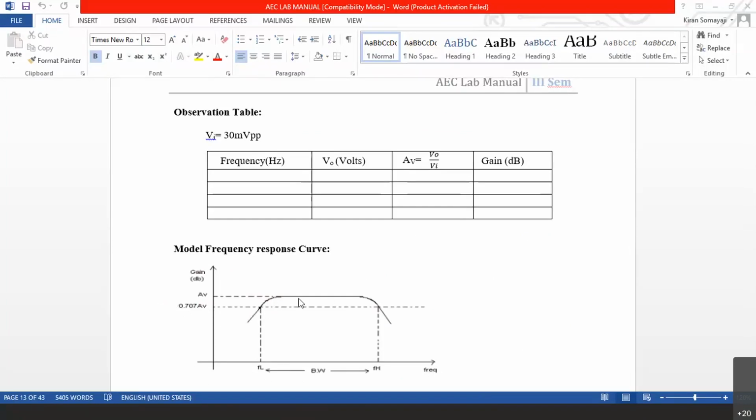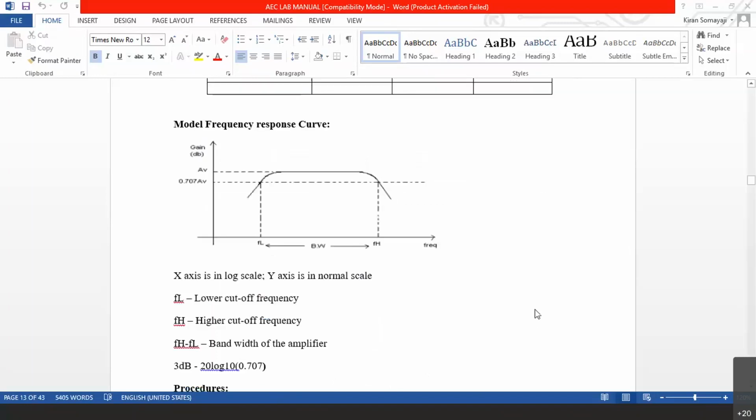So from the maximum gain, come down 3 dB, and wherever you identify these 2 points, extend them down, you will have FL and FH, the low frequency and high frequency. FH minus FL is the bandwidth of our RC coupled amplifier. Now this is the first part of the experiment, and I will stop here.